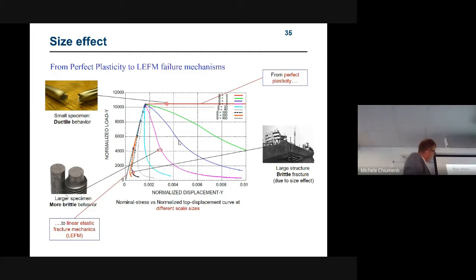So this is a small specimen, this is a bigger one, this is a huge one.